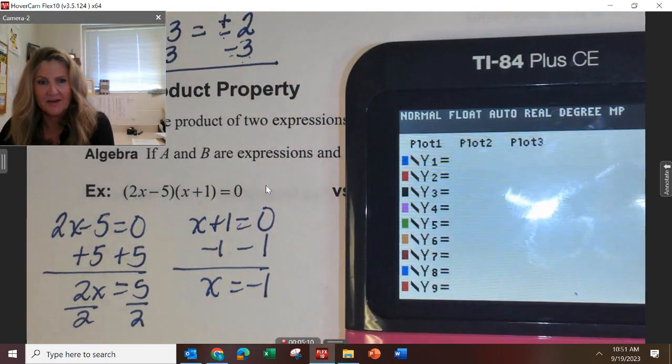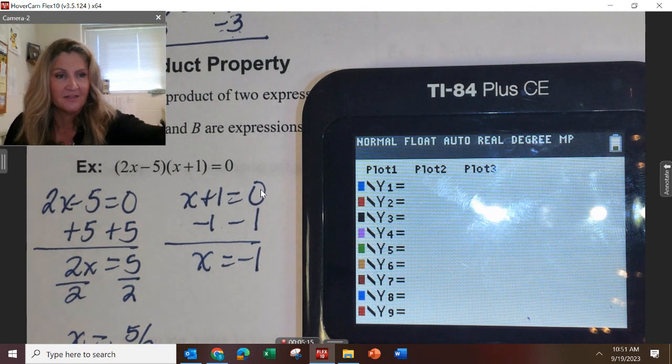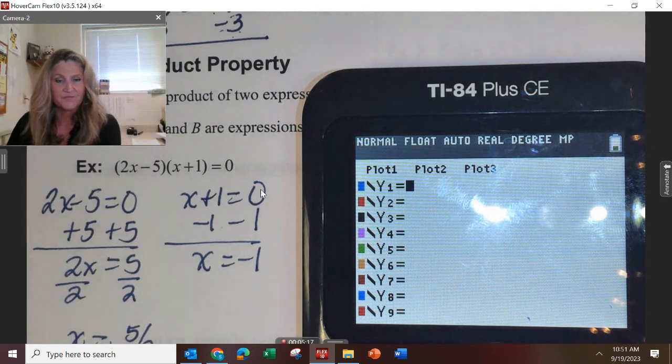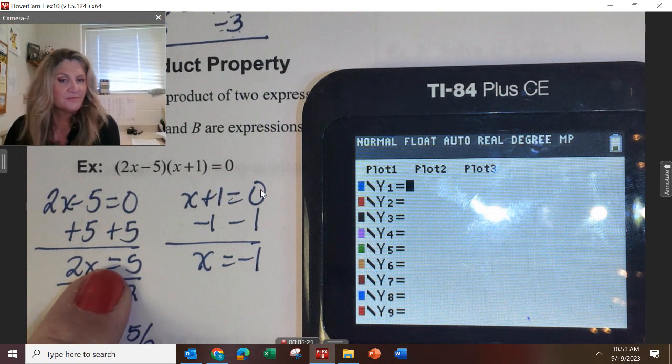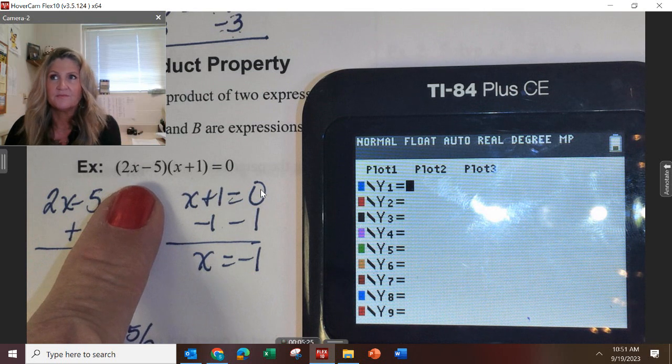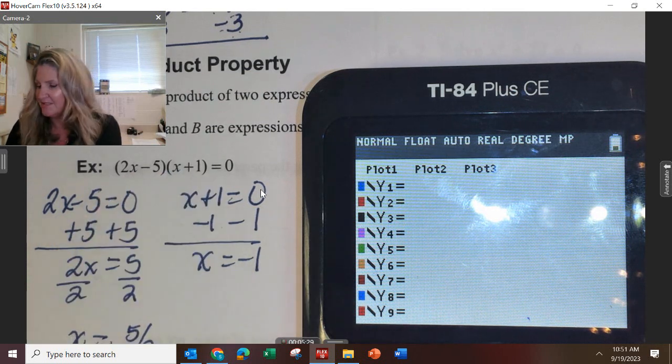I want you to go ahead and turn on your graphing calculator. I want to show you how you can do this on the calculator. I want you to put the left side of the equation in for y sub 1.